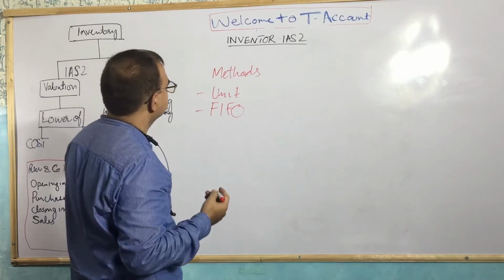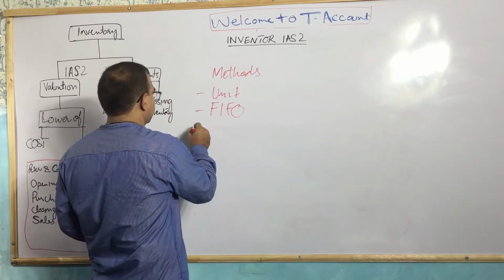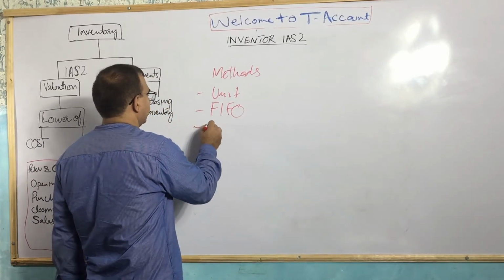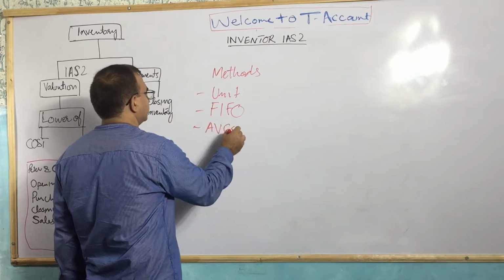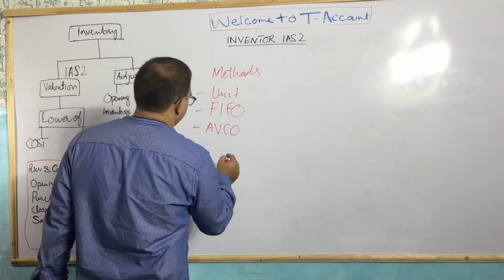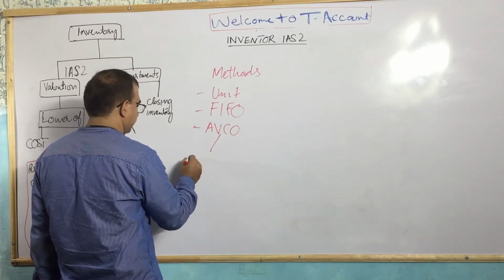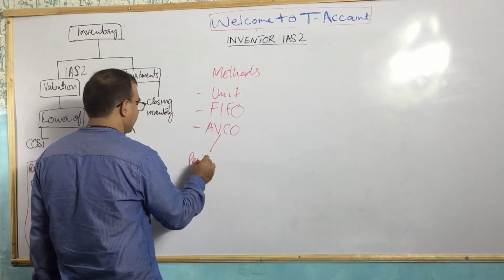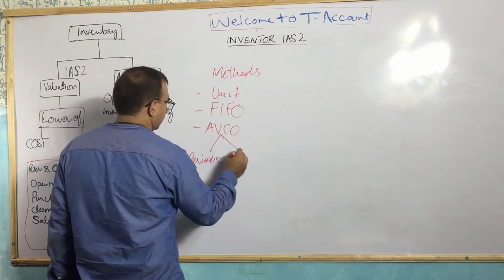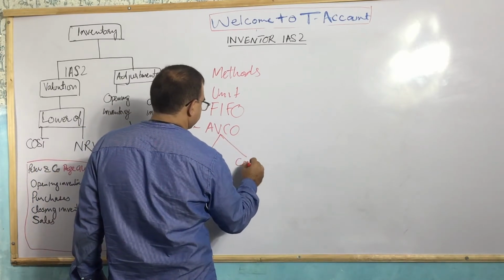Then we have average cost. In average we have, further, periodic average method and continuous.